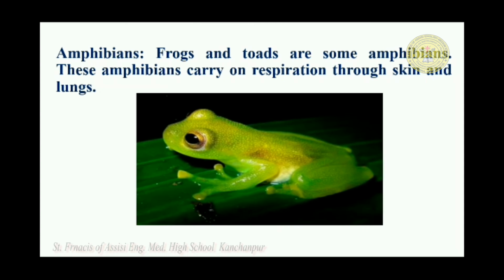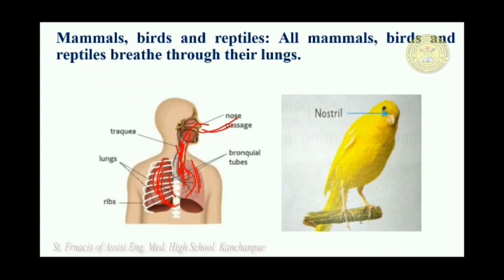When they are in water, they take in oxygen dissolved in water through their skin, but on land they breathe through lungs. Next are mammals, birds and reptiles. All mammals, birds and reptiles breathe through lungs.